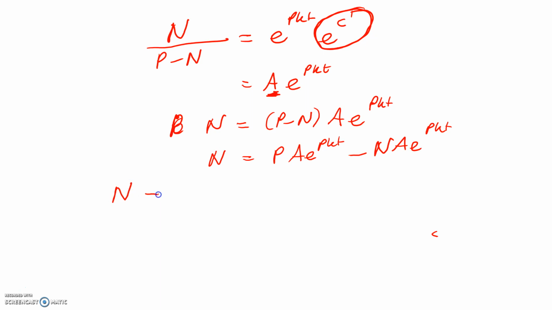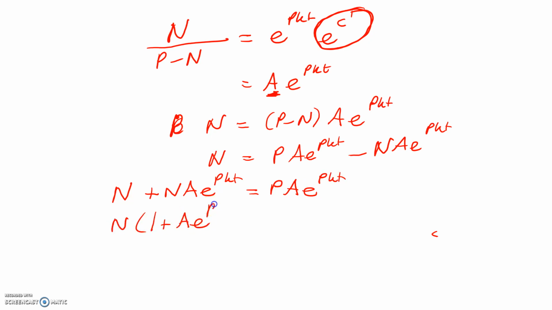So we're going to have N plus N A e to the Pkt is equal to PA e to the Pkt. Taking out the common factor gives me this. And finally, we get an expression for N as follows.